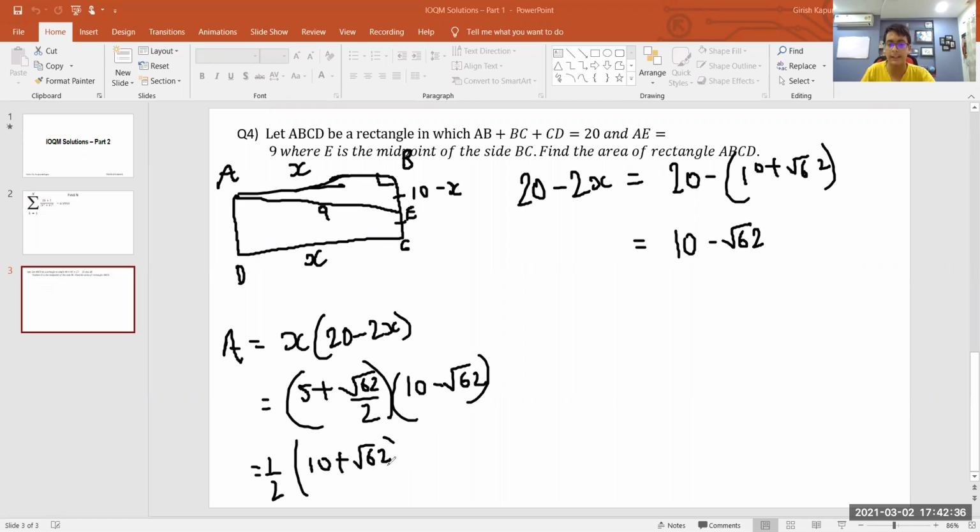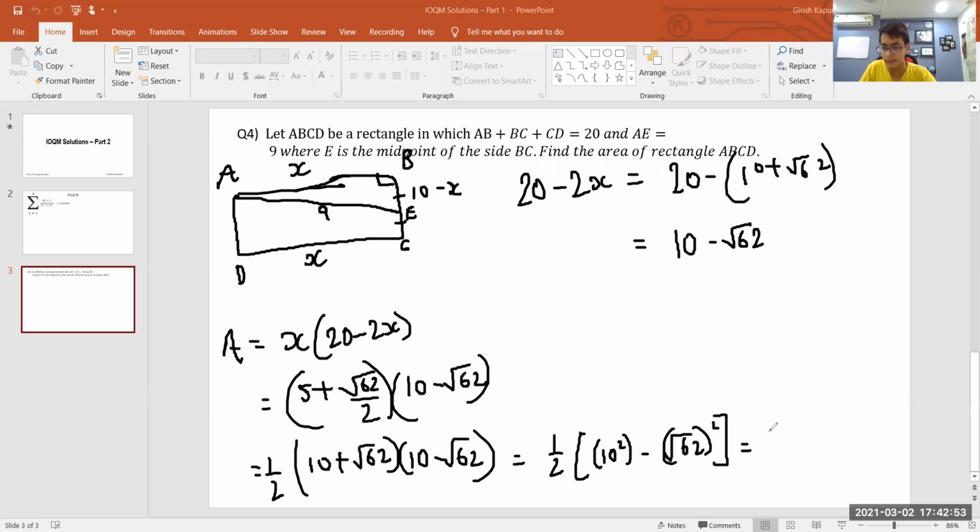That's going to give me (10 plus root 62) times (10 minus root 62), over 2. That's right, that's a difference of two squares. So that's going to be 10 square minus root 62 whole square, which is 62. So that's just going to be half times 100 minus 62, half of 38, and that's just 19, and we get the same answer as before.